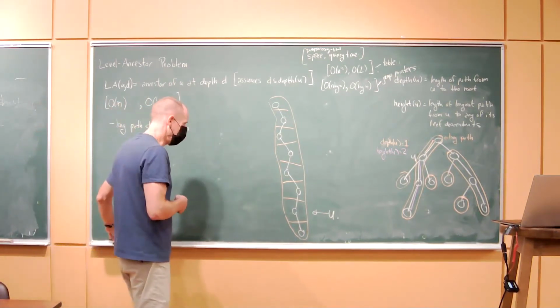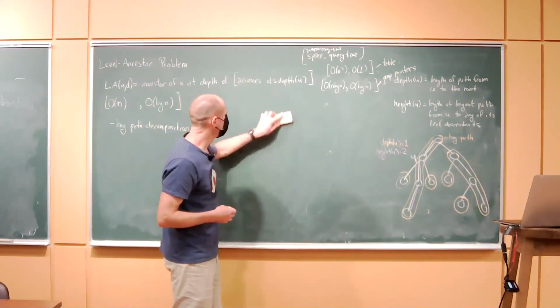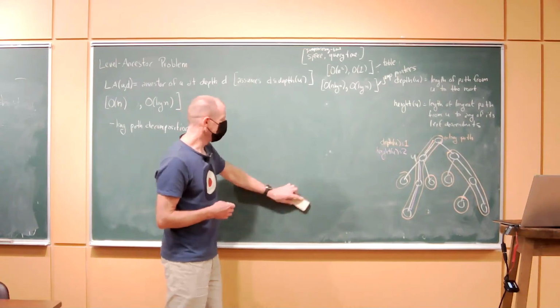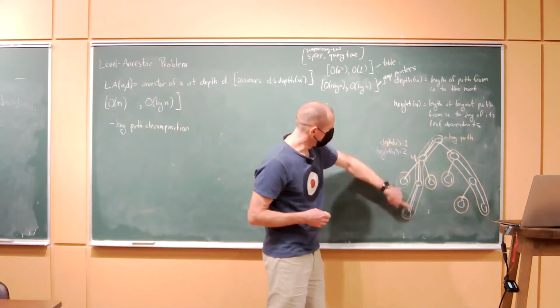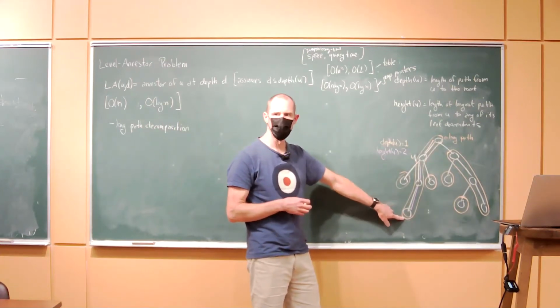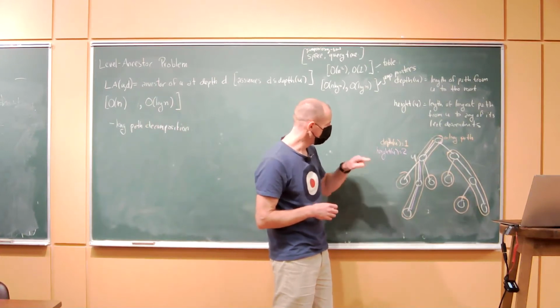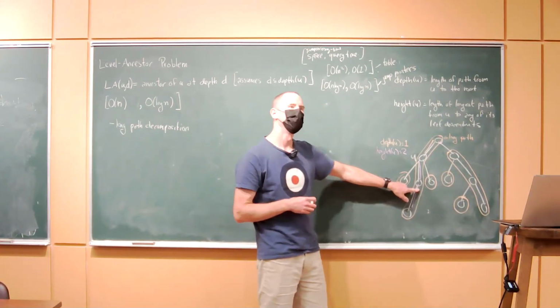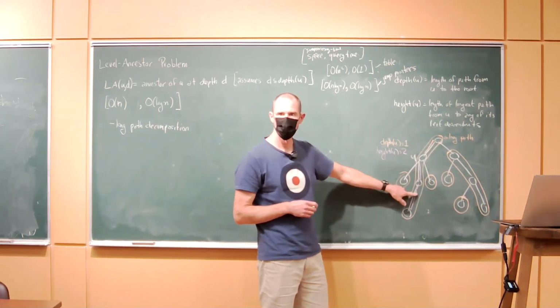So how can we use that here? Well, it sounds like we can solve it for this first longest path that we made. If you happen to give me a query node u that is in this path, then I can tell you the answer for any depth. So those guys are done.